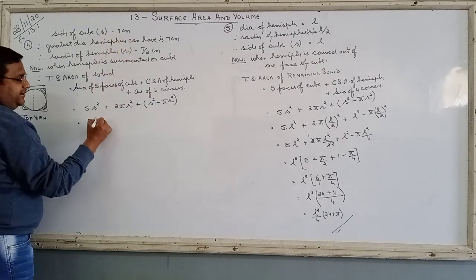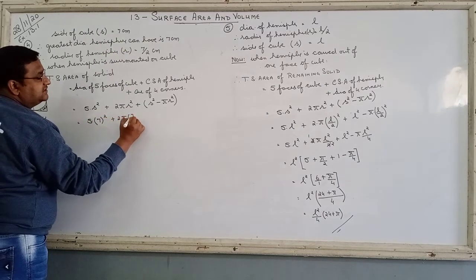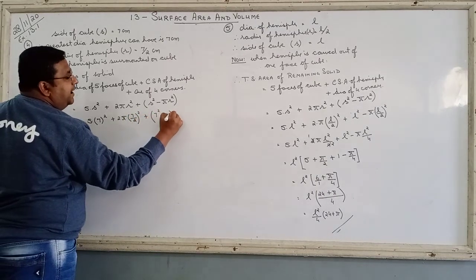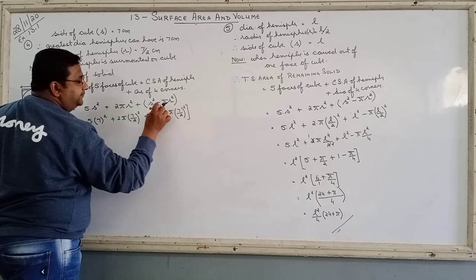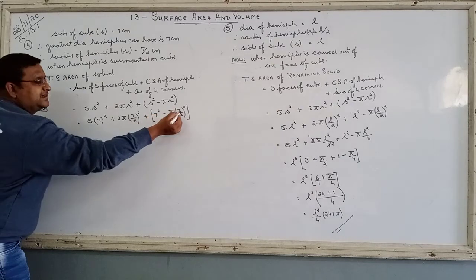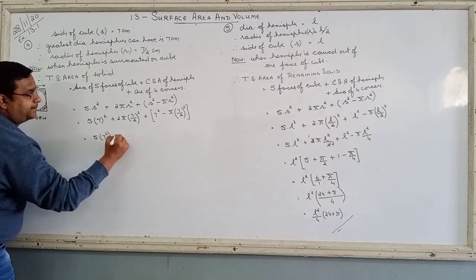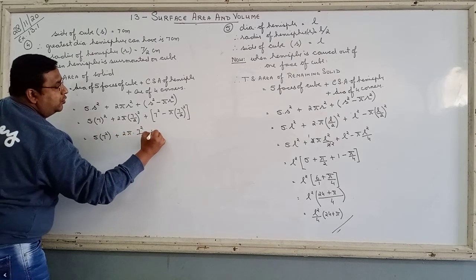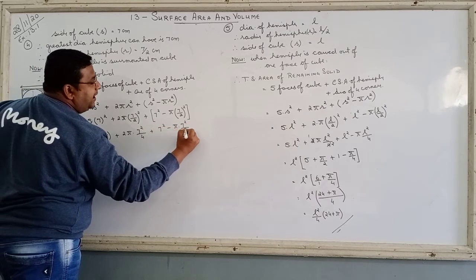How much is side? 7 square plus 2 into pi into 7 by 2 whole square plus 7 square minus pi into 7 by 2 whole square. Right? Can we take 7 common? Open the bracket. 5 into 7 square plus 2 into pi into 7 square by 4 plus 7 square minus pi into 7 square by 4.